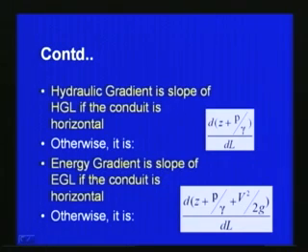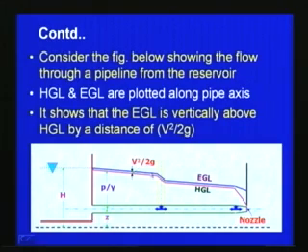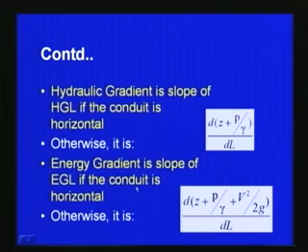Similarly, the energy gradient is the slope of EGL if the conduit is horizontal, and if the pipeline is not horizontal, then we can just take d by dl of Z plus P by gamma plus V square by 2G, as written in this equation.